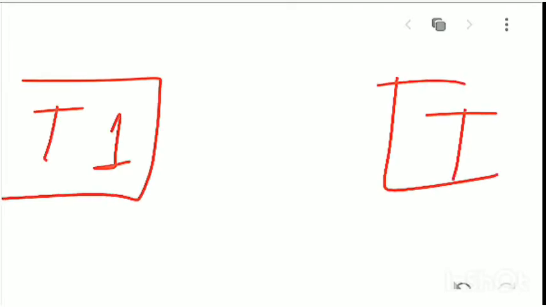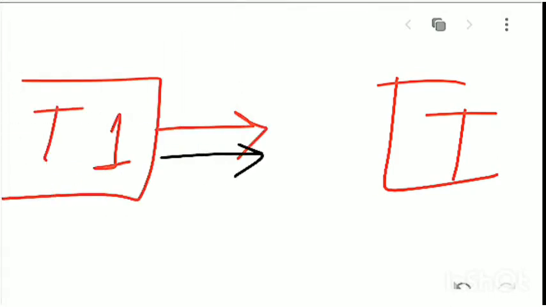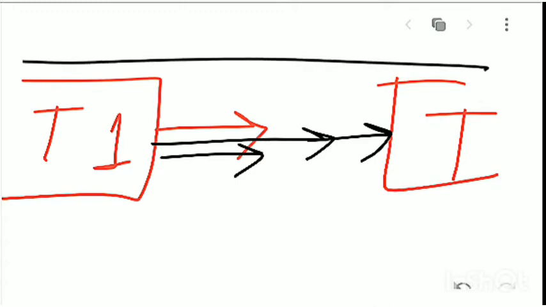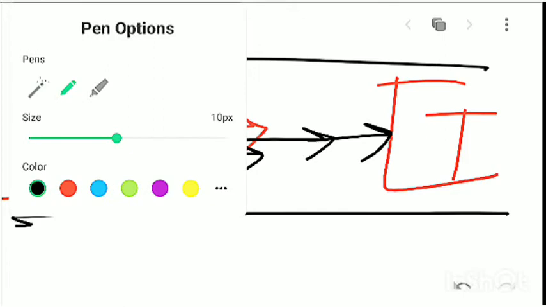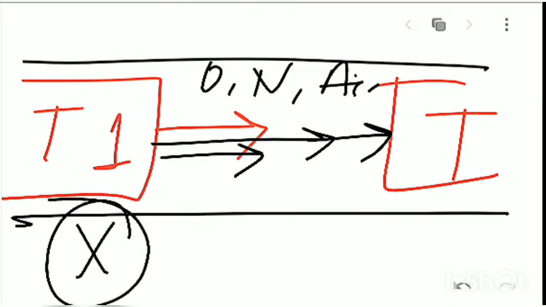One more thing we must very importantly see is that between the tube 1 and the target T where they are striking, the electrons are coming out from here, which are focused, and hitting the target T. In between this time, if inside the Coolidge tube any kind of gas is present here, it might be oxygen, or nitrogen, or air, then the X-ray production will not happen.